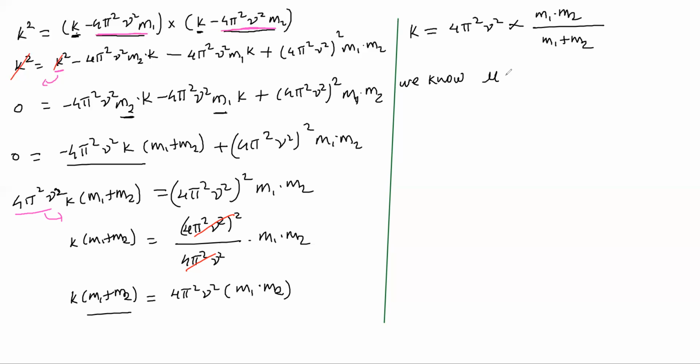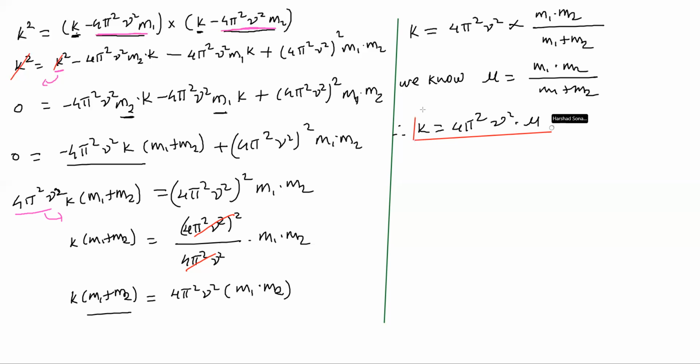We know mu is nothing but m1 times m2 divided by m1 plus m2. So therefore the above equation will be k is equal to 4 pi square mu square times mu. Okay, so this is the value of k here.